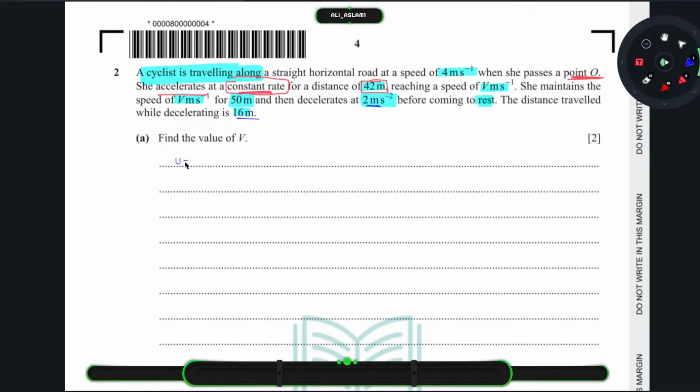If we take u as v, v is 0, a as negative 2 meters per second squared and s as 16 meters, using v squared equals u squared plus 2as, v is 0, that cancels out.